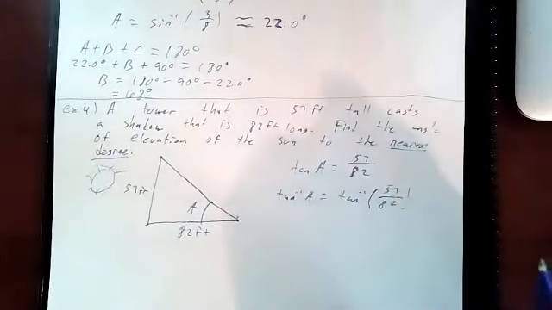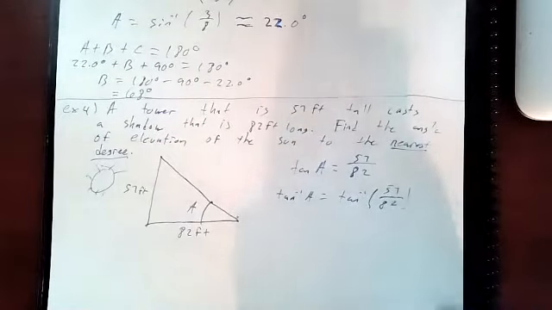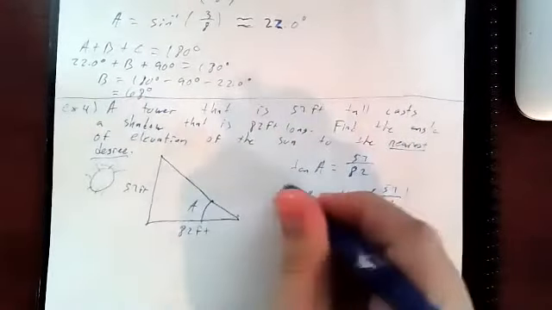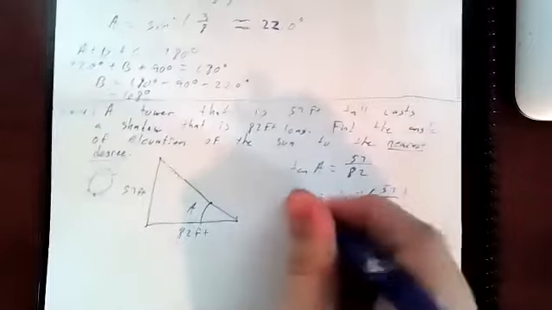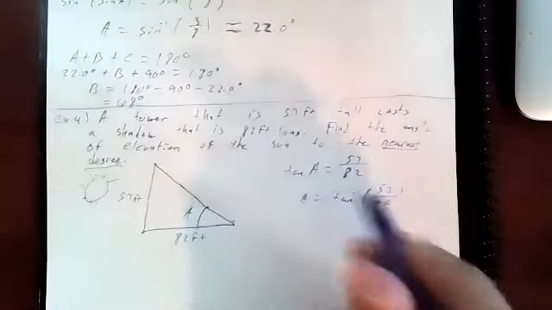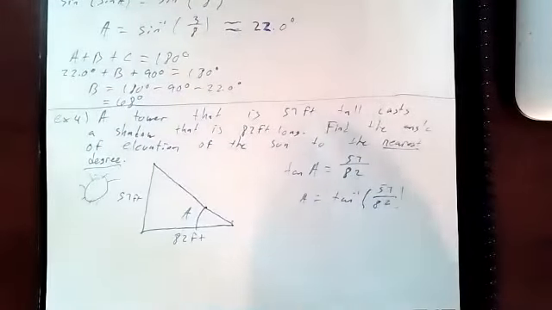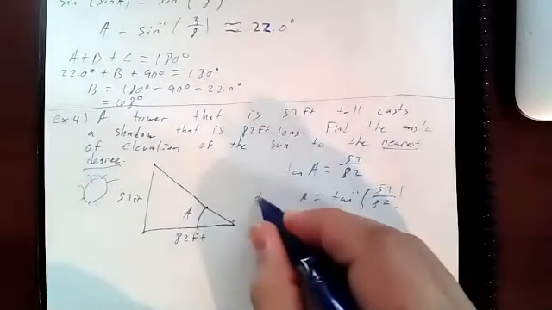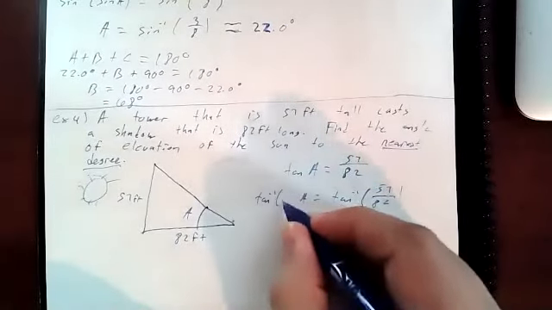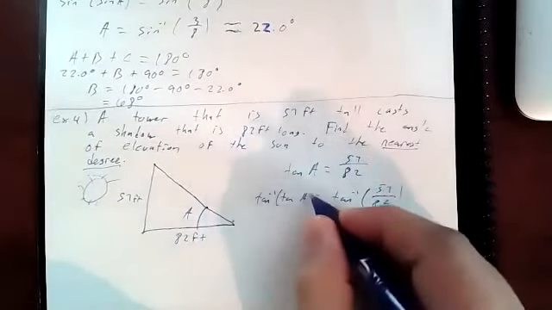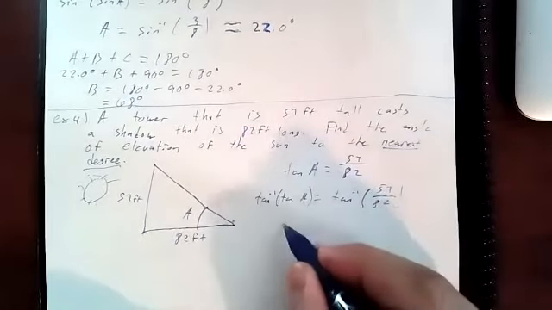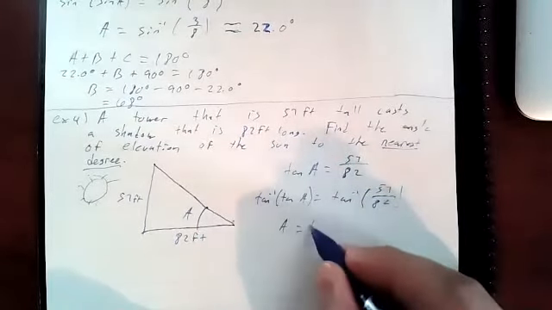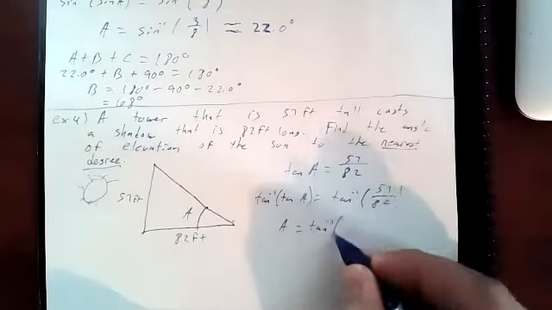So that would mean, oops, forgot something. It's tangent inverse of tangent over here. The tangent inverse of tangent. So that means that A is equal to tangent inverse of this number.